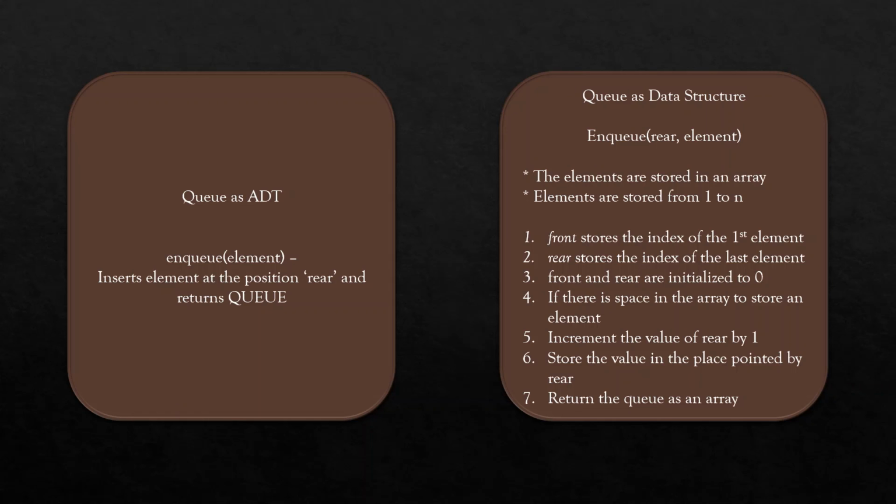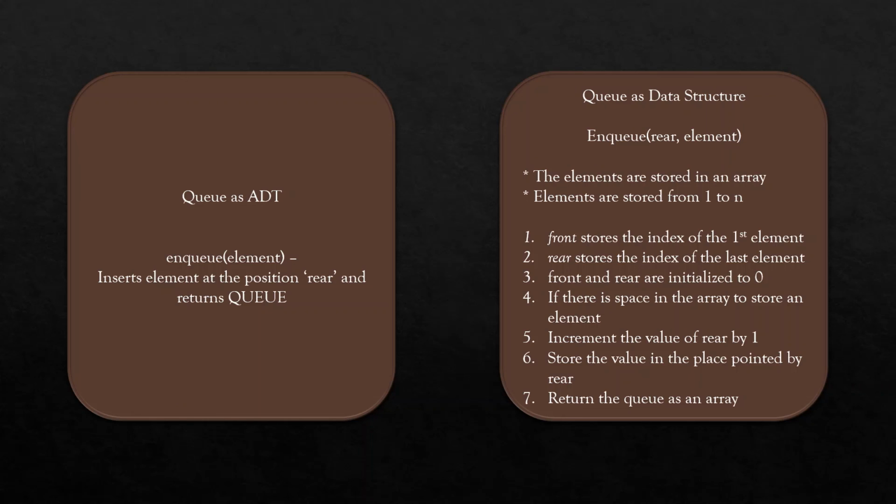We have no idea whether it uses an array or a linked list to store the elements, and if it is an array, whether it stores it as a linear array or as a circular array. None of the specifications are given to the user. This is looking at the queue as an ADT.